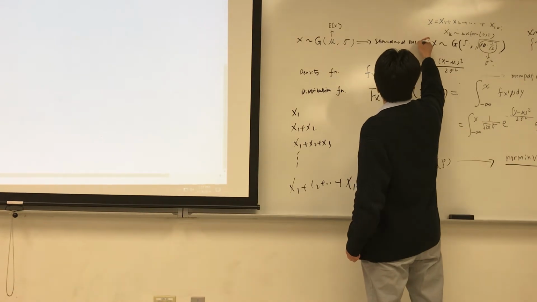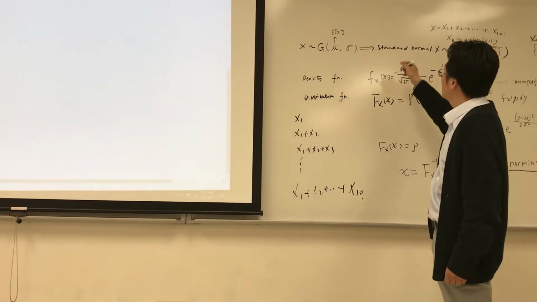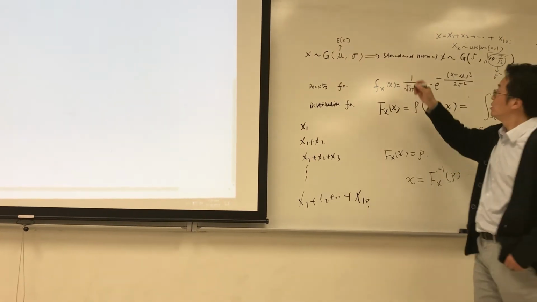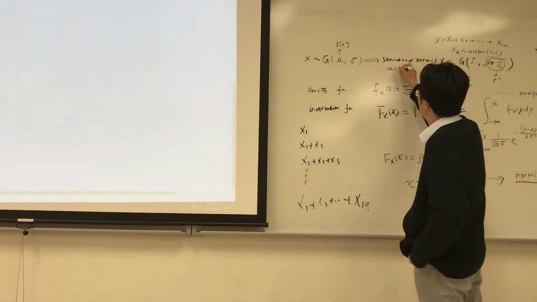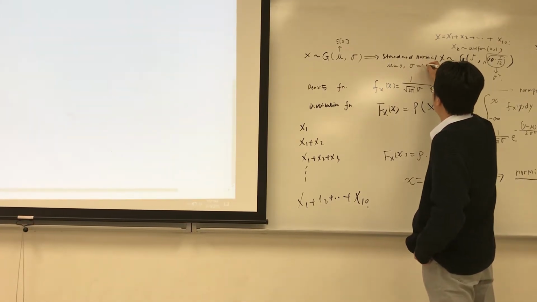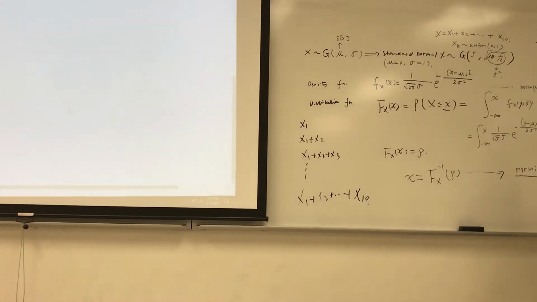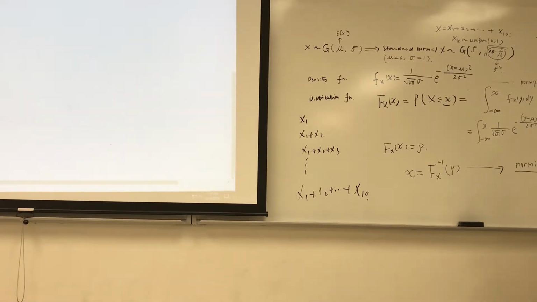normal distribution. For the standard normal distribution, the mean is 0 and the variance is 1. So this is called the standard normal distribution.